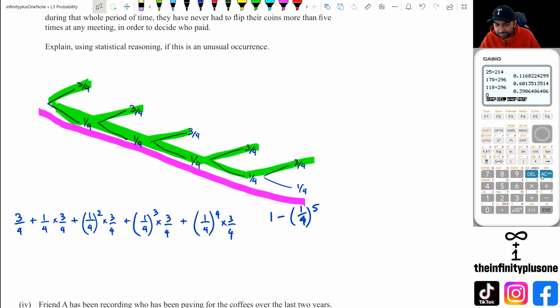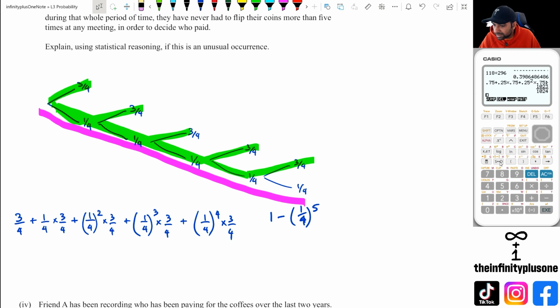Yes, there is. So I'm going to do 0.25 just because it's so much easier typing it in with that. But also let's just go 0.75 plus 0.25 times 0.75 plus 0.25 squared times 0.75 plus 0.25 to the power of 3 times 0.75 plus 0.25 to the power of 4 times 0.75.